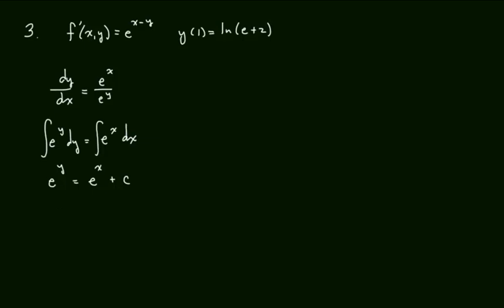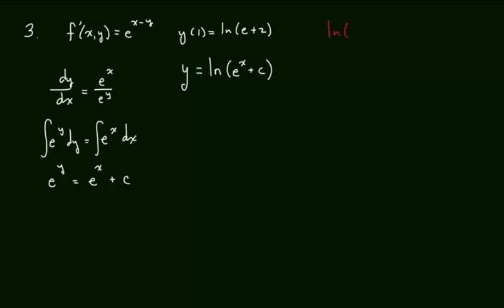To get y by itself, I'm going to take the natural log of both sides. So the left-hand side is going to be y, and the right-hand side, be very careful here, is the natural log of e to the x plus c. Please don't fall victim to this.